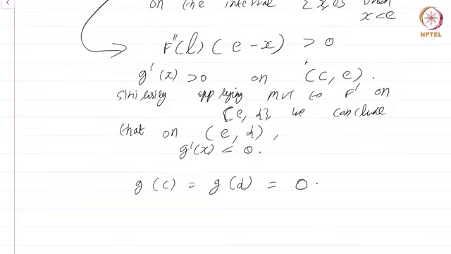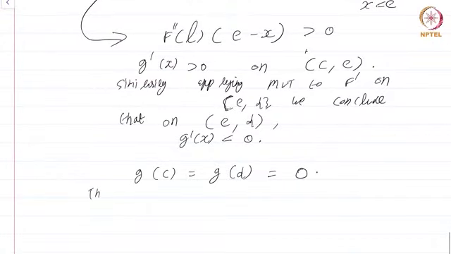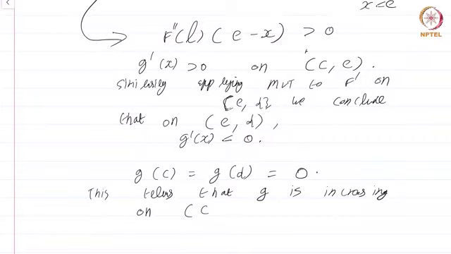Now, what does this tell us? This tells us that g is increasing on the interval (c, E). So in fact strictly increasing, because we have concluded that g' is greater than 0.